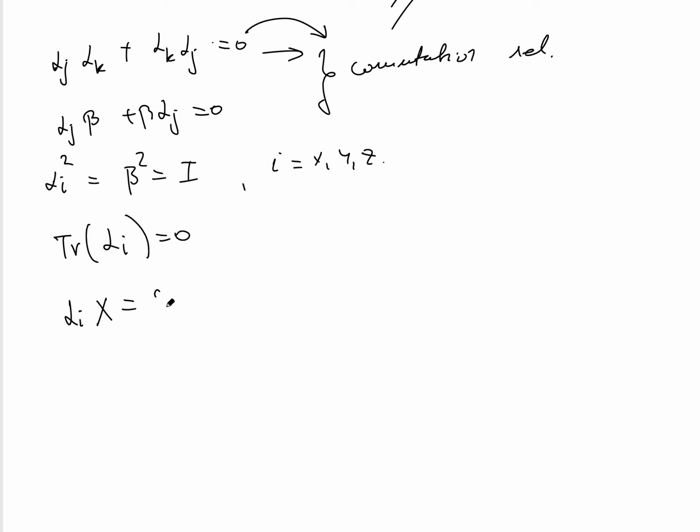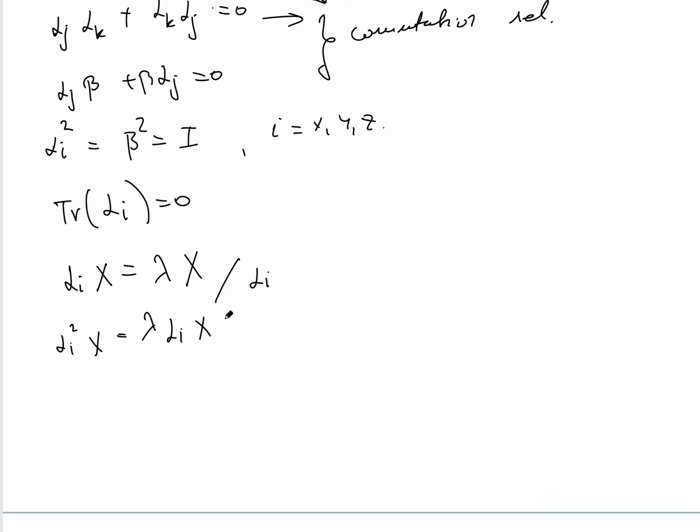If you act with alpha i from the left, you find alpha i squared x, which is 1, equal to lambda alpha i x, and from this you can conclude that x is lambda squared x. So you have lambda plus or minus 1.